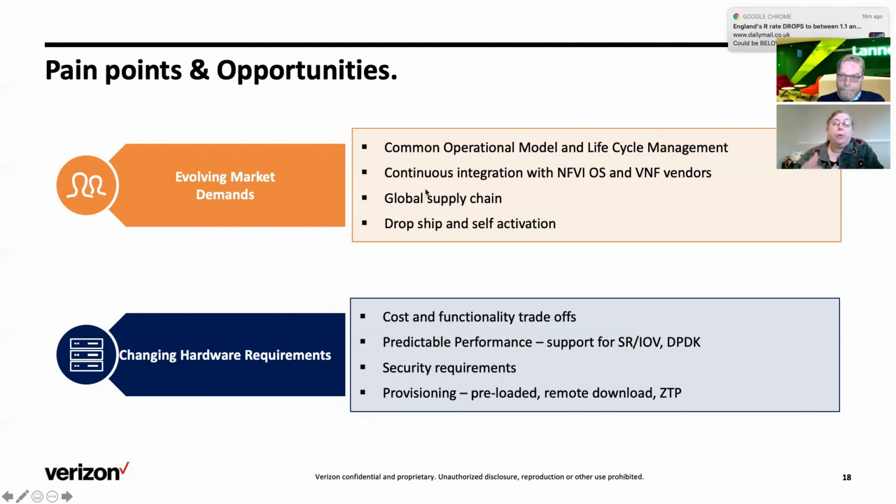And just by the fact that it's a universal CPE, it allows for an automated tech refresh. So not only of the software, but also, over time, the hardware has a longer life cycle than the traditional appliances. And of course, what's super important to us is the integration between the NFVI and the VNF vendors.